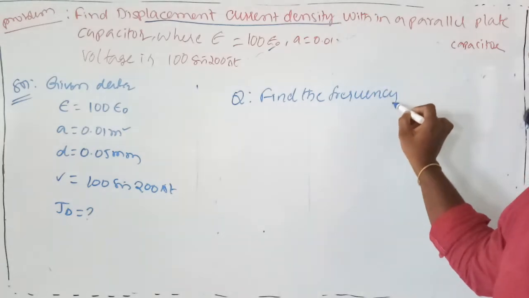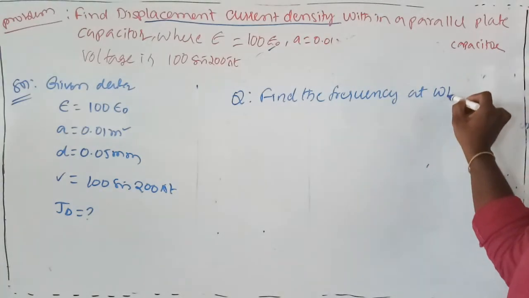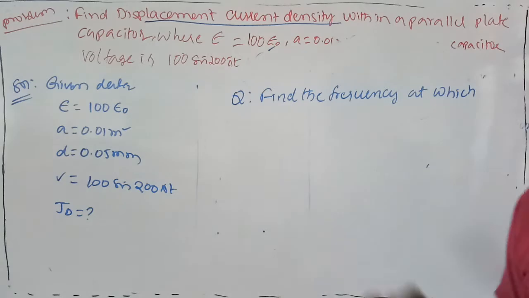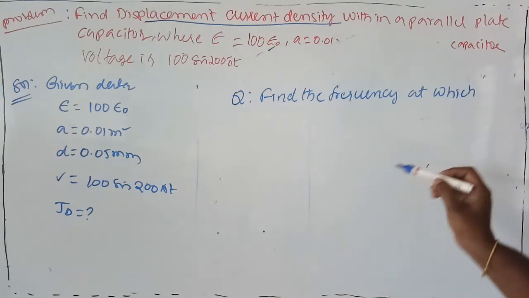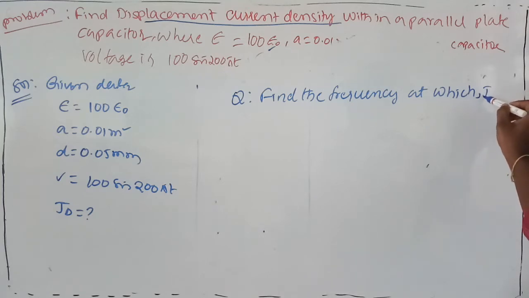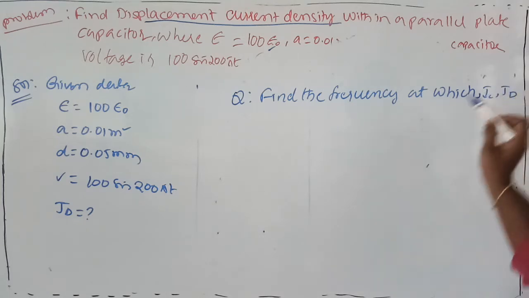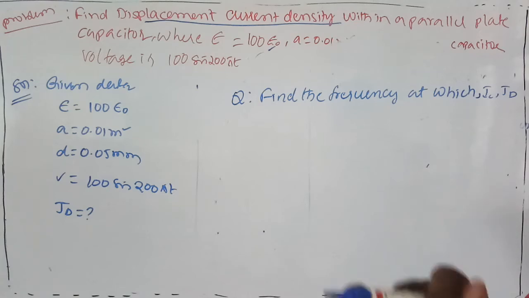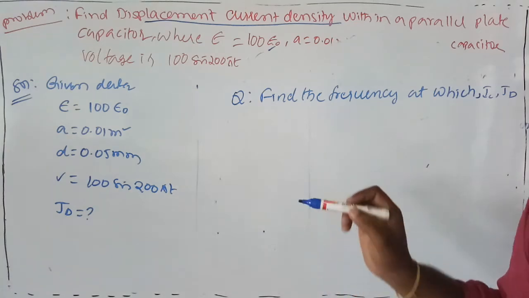Find the frequency at which conduction current density and displacement current density are equal in a medium. Conduction current density is JC and displacement current density is JD.